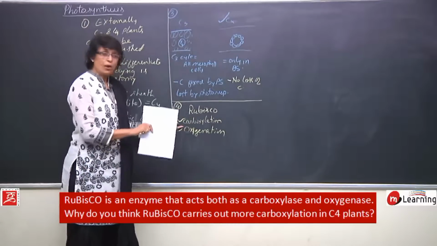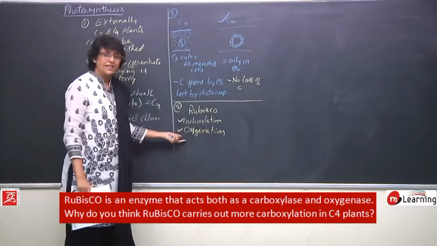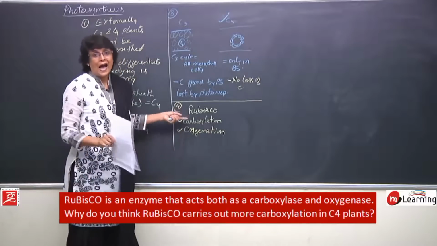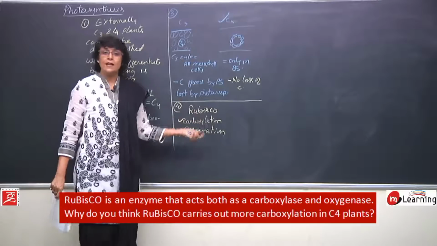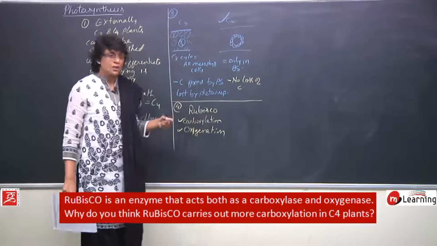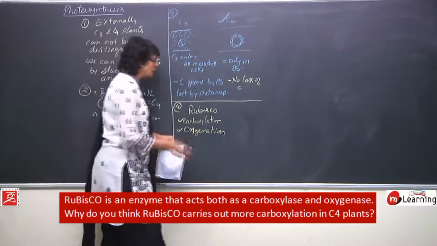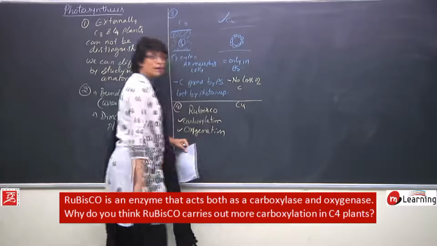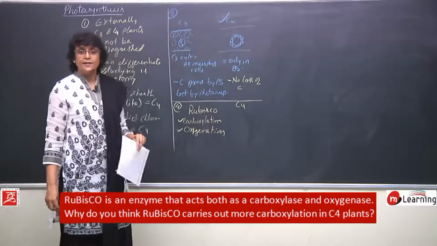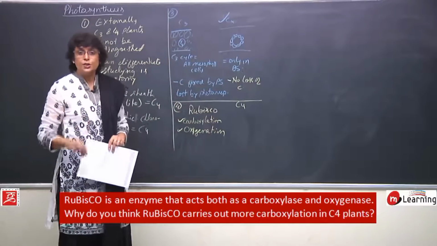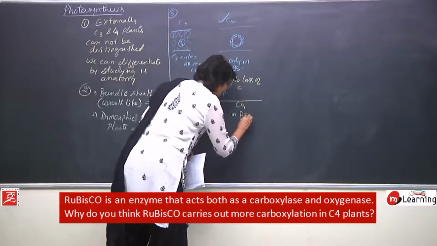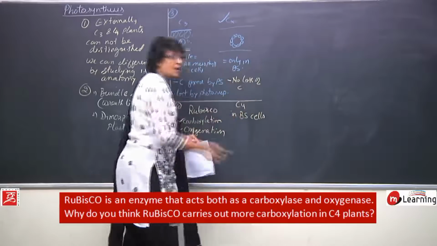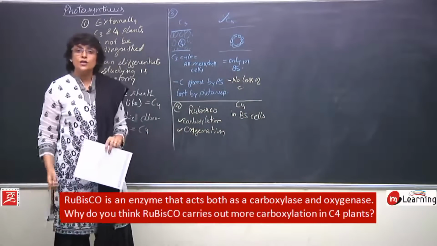Normally carboxylation will take place, but if the conditions are different, half the molecules can participate in carboxylation and half can help in oxygenation. In case of C4, the C3 cycle takes place in the bundle sheath, and in these bundle sheath cells, carbon dioxide concentration is more.